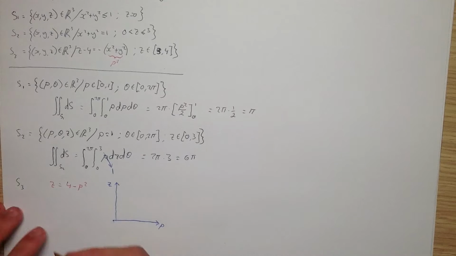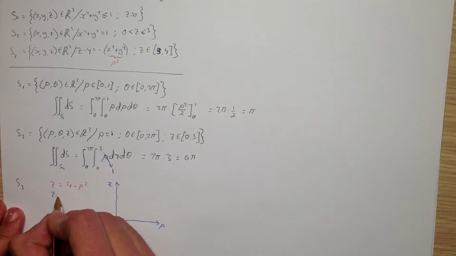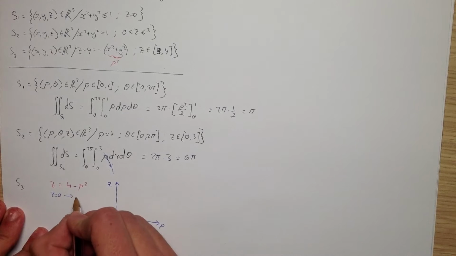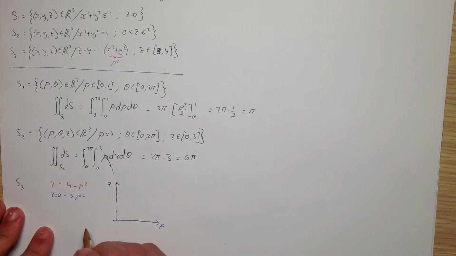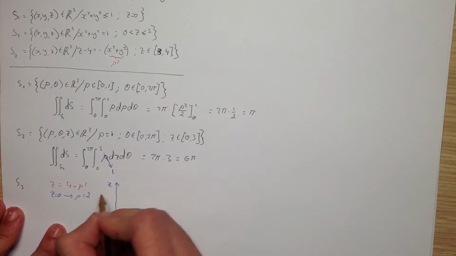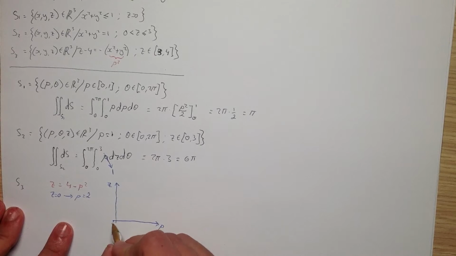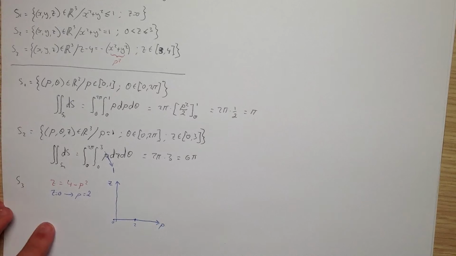So for example, when Z equals 0, what is rho? Rho will equal 2. So Z 0, rho 2, somewhere here. First point.